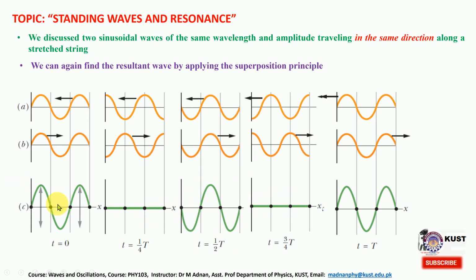So we have maximum and minimum outcomes of the resultant waves. Now the resultant wave is just a representation of the string over which these traveling waves are approaching each other.